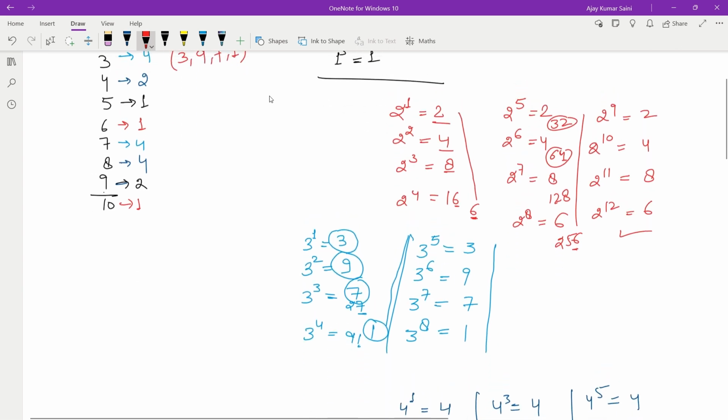For 4 there are 2 values which are repeated continuously, which are 4 and 6. For 5 there is only one value, which is 5. If 5 comes at the end of any number, with any power, the last digit will always be 5.